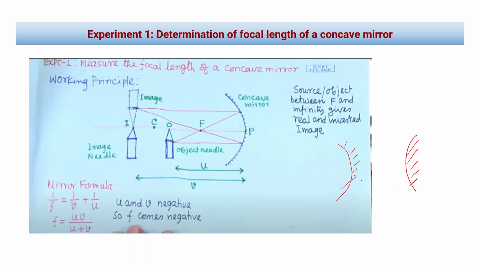When we make the figures, things become clear, otherwise it may get confusing. Then we see what the distance of the object is. For this focal length here, the object will be here, so it will be negative, and the image will be on the same side, so v will also be negative. Whereas for a convex mirror, the focus is here and the object is here, so it will be positive.